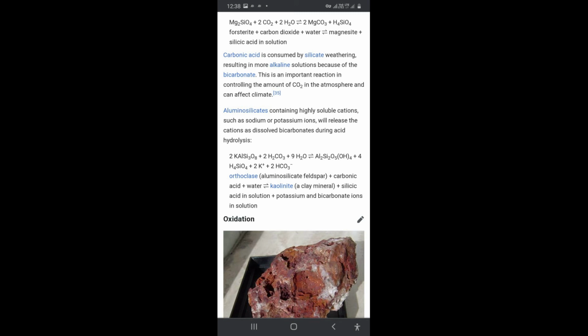Now next is spheroidal weathering, a kind of complex weathering which is observed in jointed rocks and characterized by the breaking of original rock minerals. Now these are converted into spheroidal blocks.